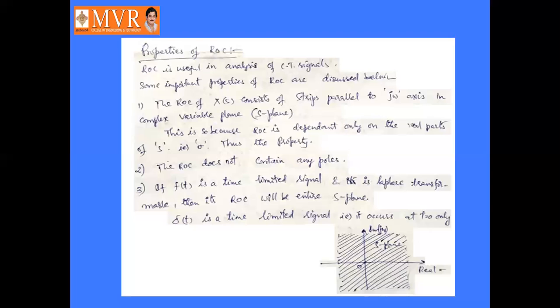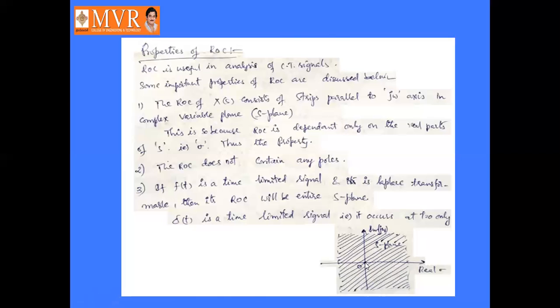Third one is, if f of t is a time limited signal and is Laplace transformable, then its ROC will be the entire S plane. So delta of t is a time limited signal, that is, it occurs at t equal to 0 only.